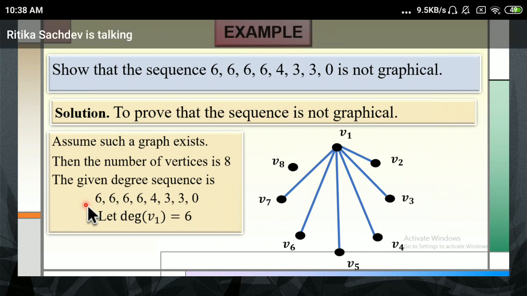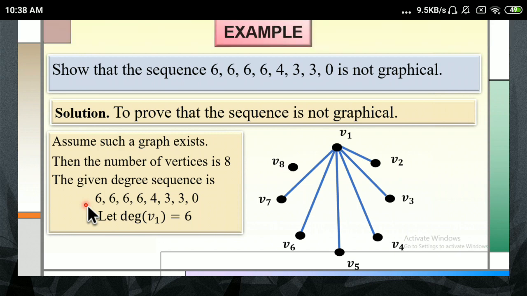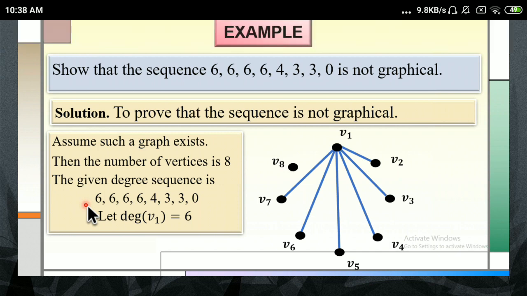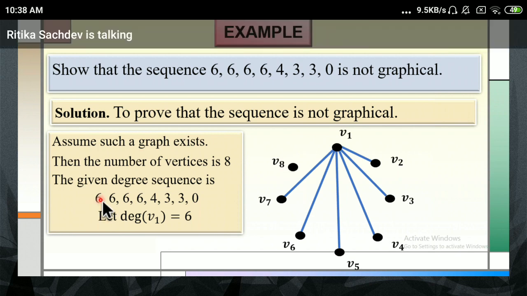Shall I proceed? Okay. So now what are we doing? The first vertex we have already taken into consideration and its degree was 6. So now if I don't consider the 6, I have to start from the second vertex onwards.